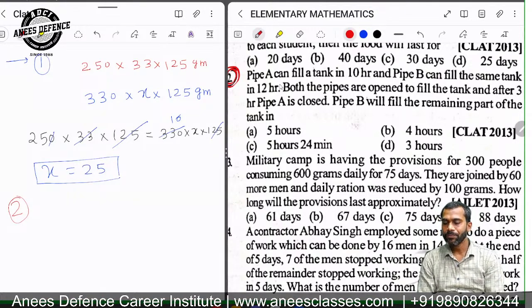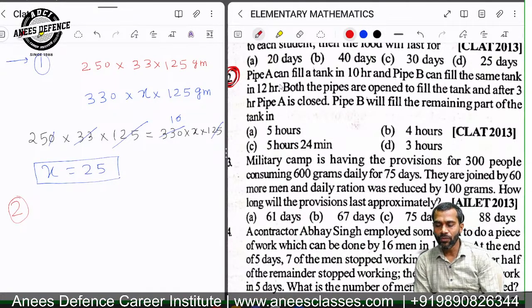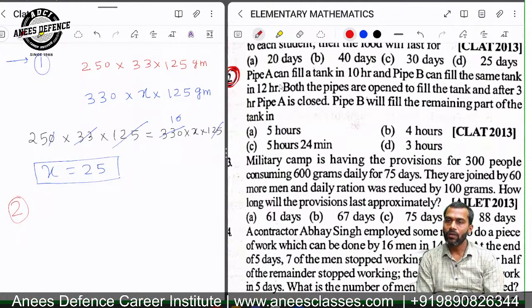Purva, have you understood? We need to equate the amount of food in both the cases. In the first case, 250 students were there, 33 days were there, and 125 gram meal was given to every student.